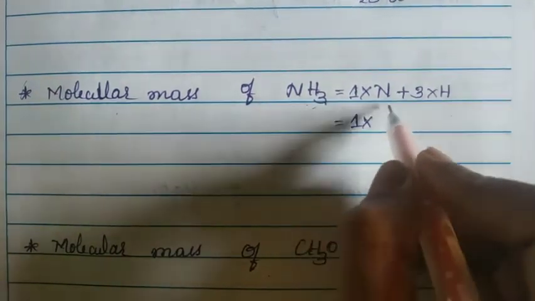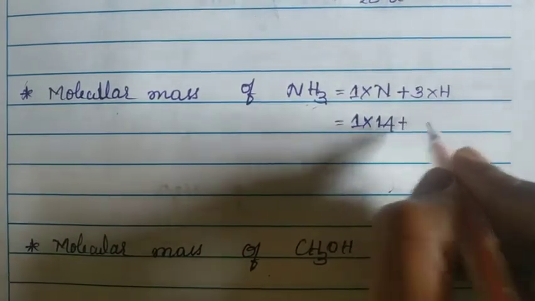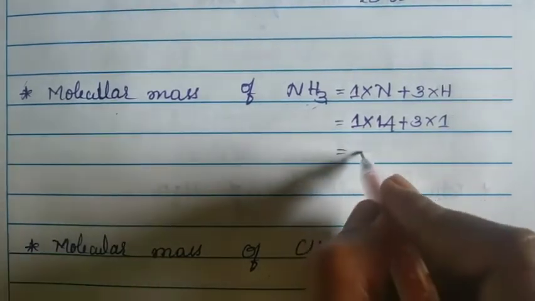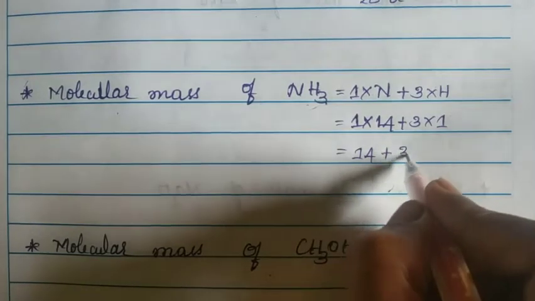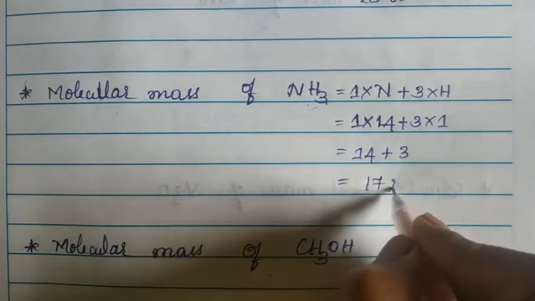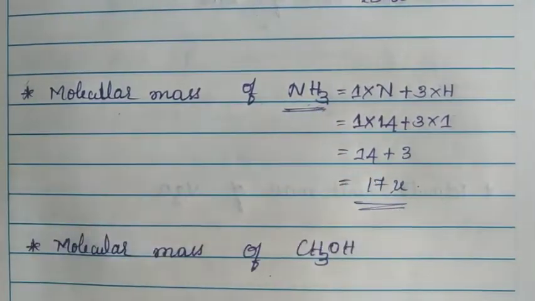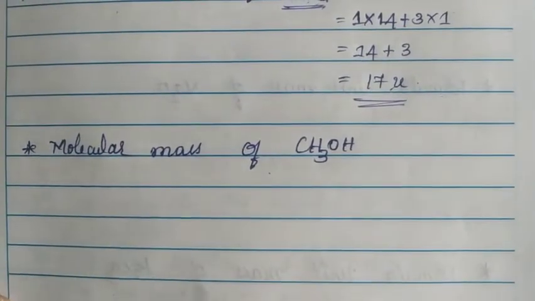Yes, atomic mass of nitrogen is how much? 14. And atomic mass of hydrogen is 1. Now 14 ones are 14 plus 3 ones are 3. 14 plus 3 becomes 17 U. This is the molecular mass of NH3.